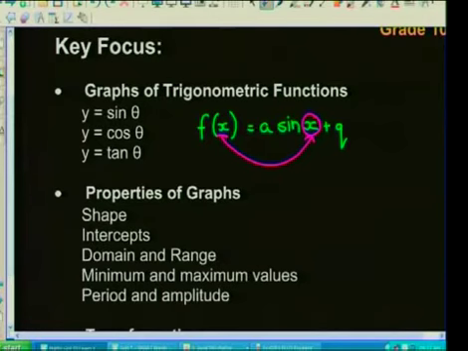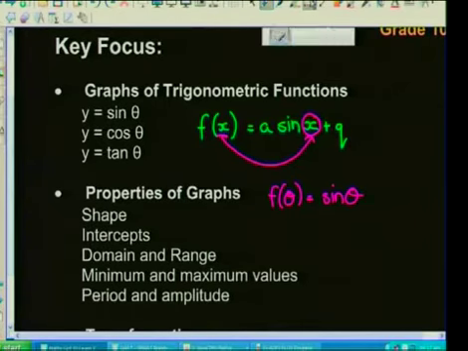So if we wish to have this as sine theta, for example, if we put it in f of notation, it would have been f of theta. Okay, so we would have written f of theta is equal to sine theta, for example. So those must correspond. So that's the first thing to bear in mind.